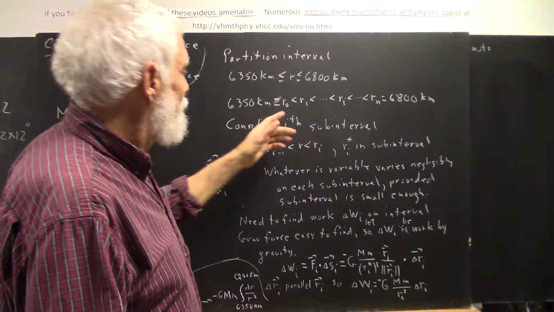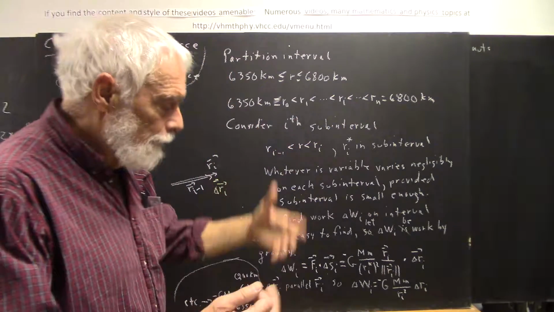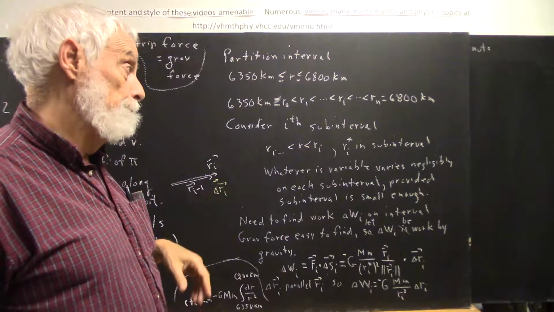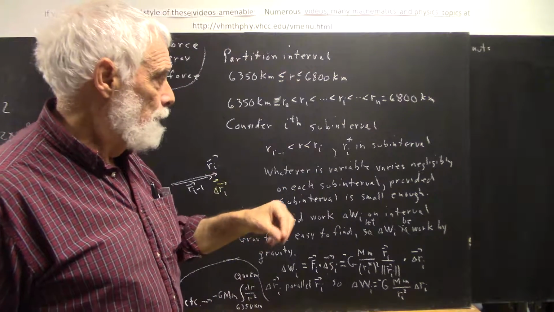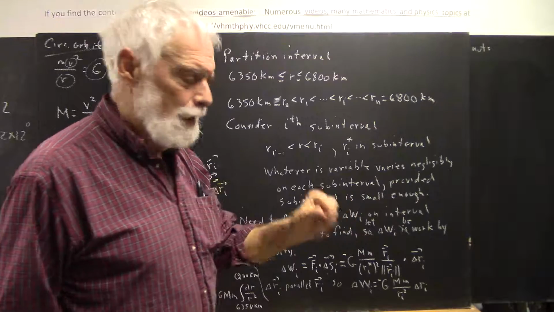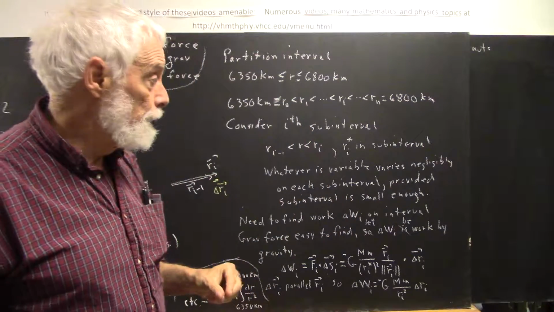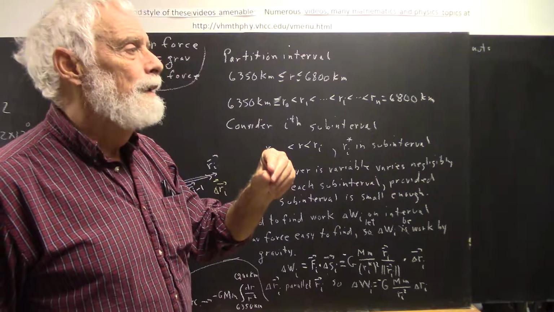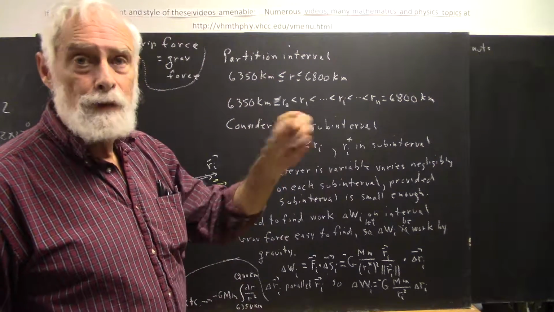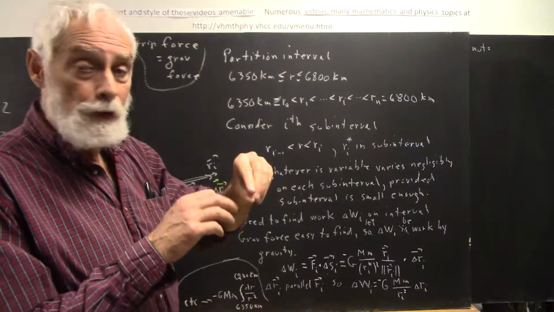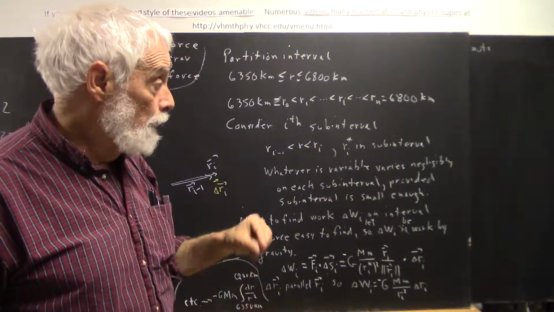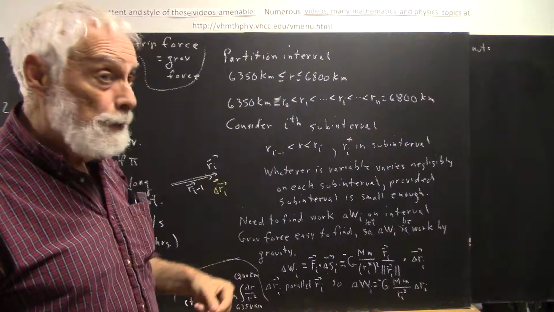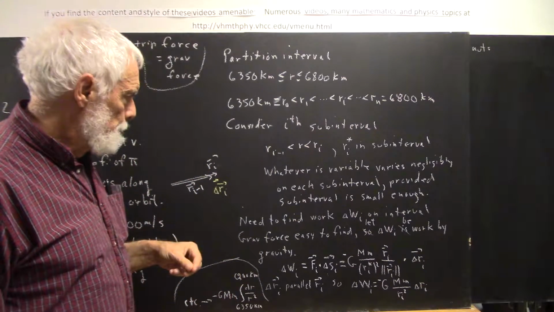So if we take this partition and use enough intervals and make them all small enough, then we can confine ourselves to intervals of length a millimeter or less, let's say. And we know that wherever we are, the acceleration of gravity, which gives us the force of gravity, doesn't change significantly over a millimeter, at least not in any way we can measure, I don't think.